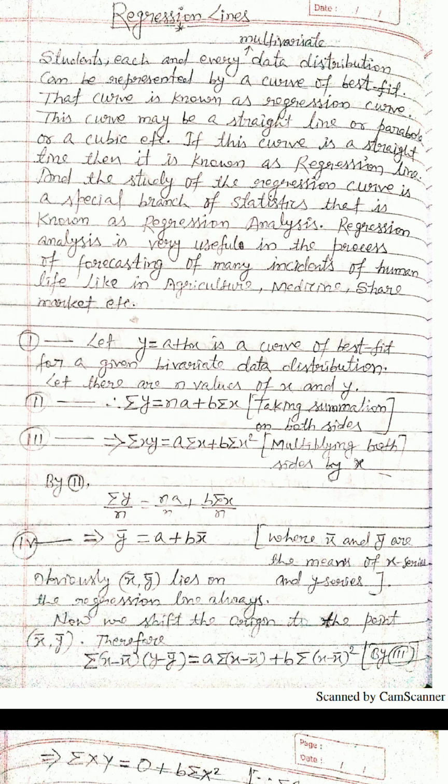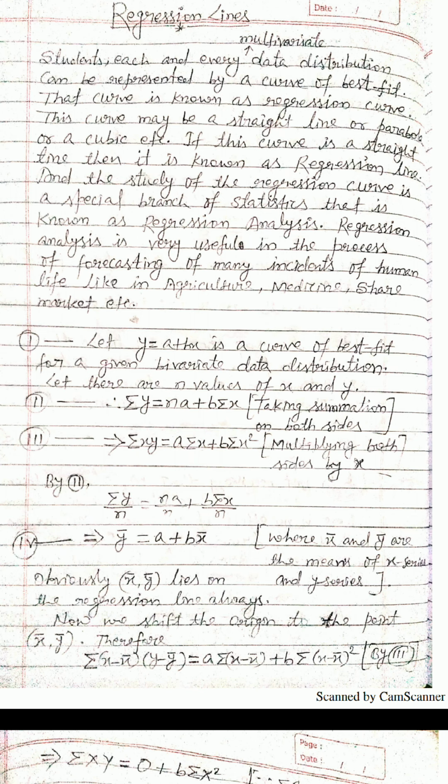The equation of the straight line, as we know since our junior classes, is y equal to a plus bx. You may assume it y equal to ax plus b also, it doesn't matter.